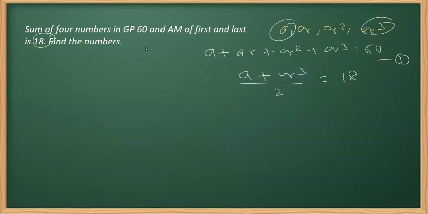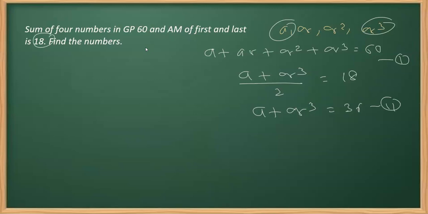You must be knowing that the arithmetic mean of two numbers is the sum of these two numbers divided by 2, right? So we use this formula to obtain another relation. We can further simplify it and write this as A plus AR cube is equal to 36. Let's make this equation 2.